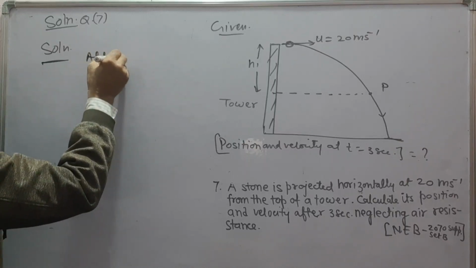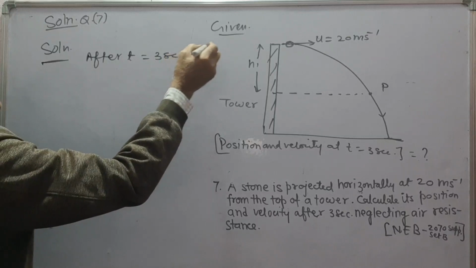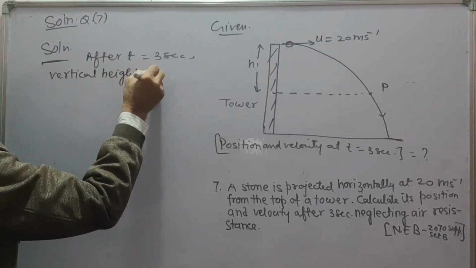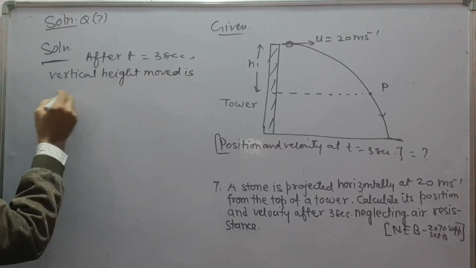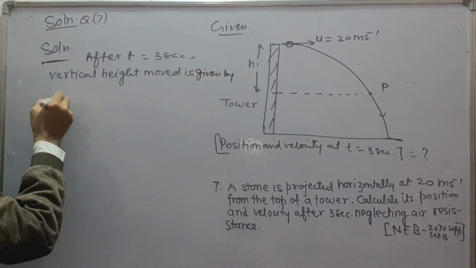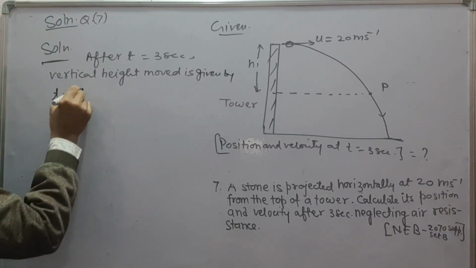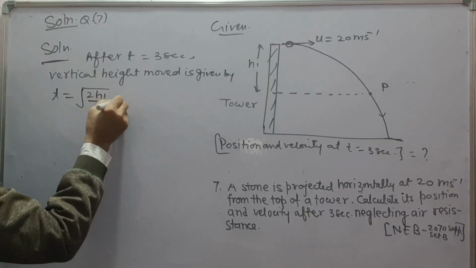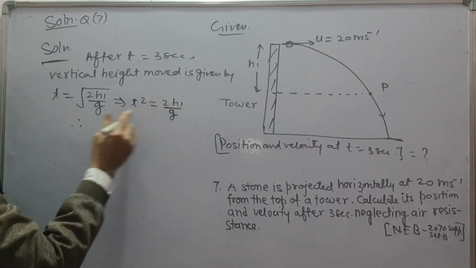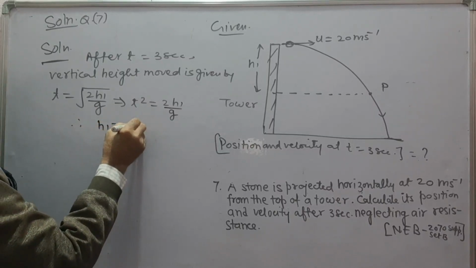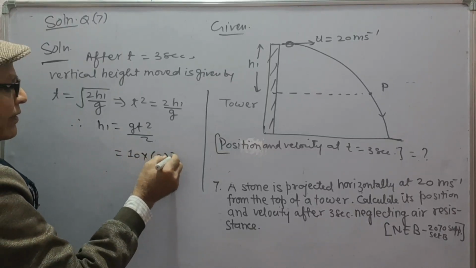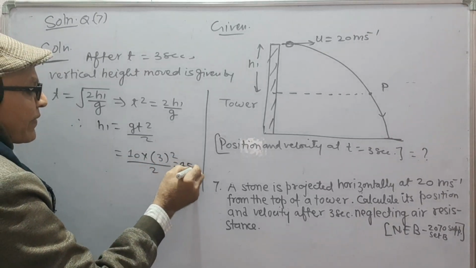After t is equal to 3 seconds, vertical height moved is given by t is equal to under root 2 h1 upon g, which gives t square is equal to 2 h1 upon g, means h1 is equal to g t square upon 2. g is 10, t is 3 square upon 2, which gives 45 meters.